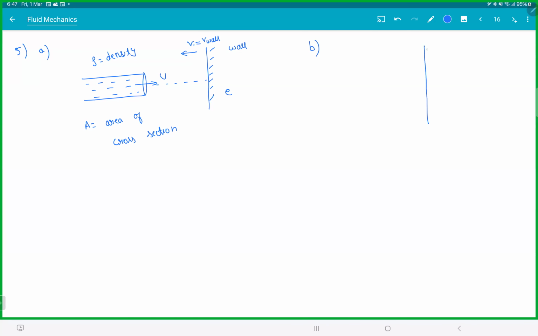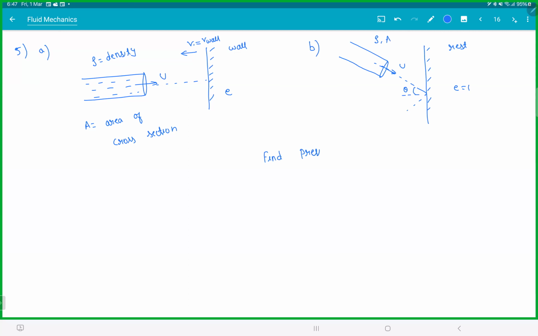We have done something similar in the variable mass system. In the second part, theta is equal to 1. This is u, the wall is at rest. Density rho and area A. Find the pressure acting on the wall.